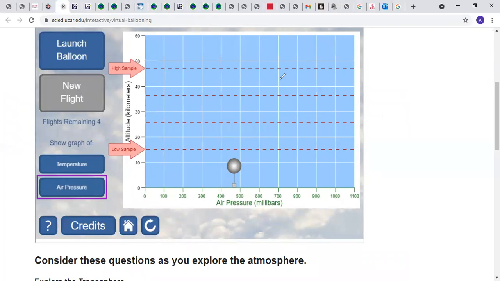Say you have data points that go here, and then here, and then here, and then here. Then all of a sudden it goes here, here.